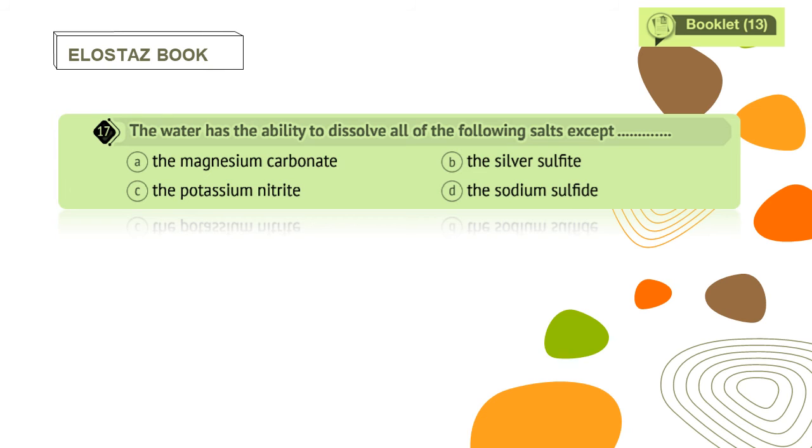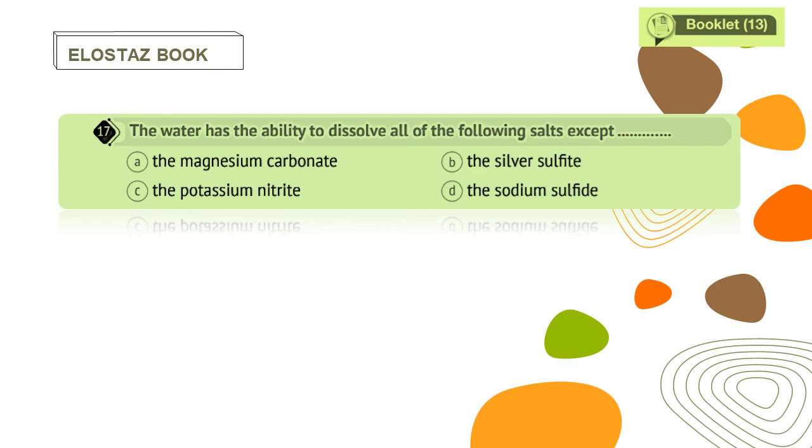All carbonate salts dissolve in water. Potassium nitrite: we said that the nitrite anion will also dissolve easily in water. Potassium, so we have letter B here, silver sulfide maybe, and the last one here, sodium sulfide.